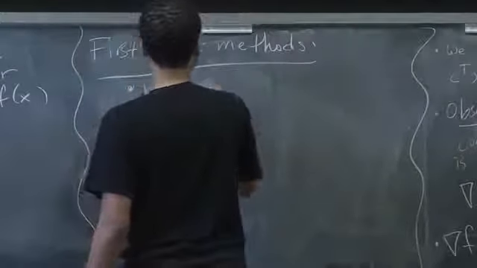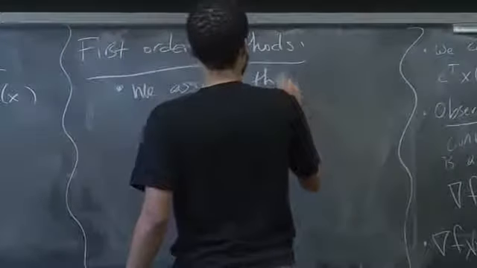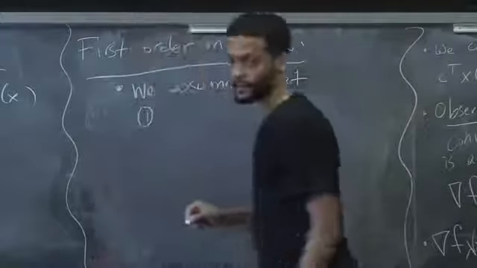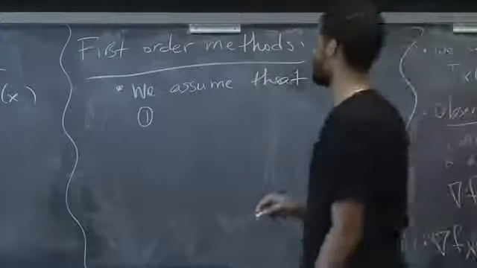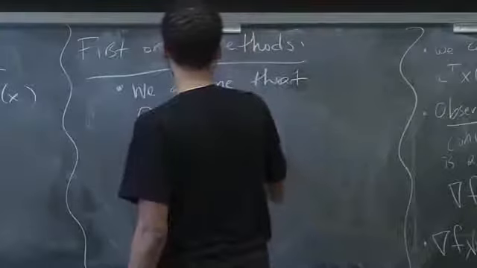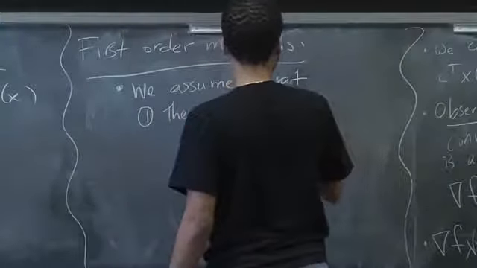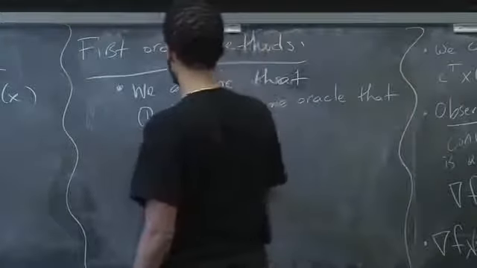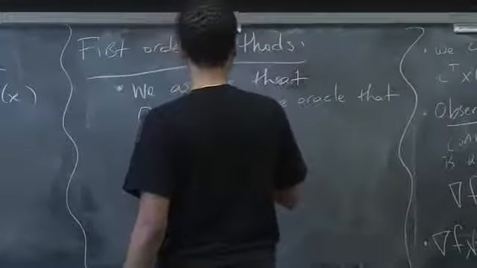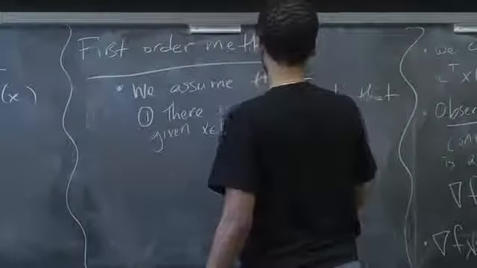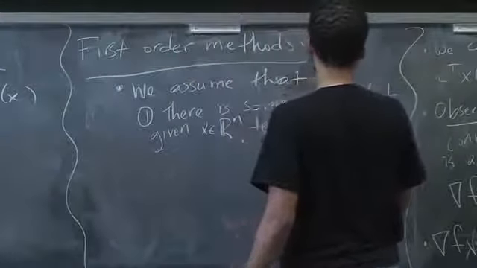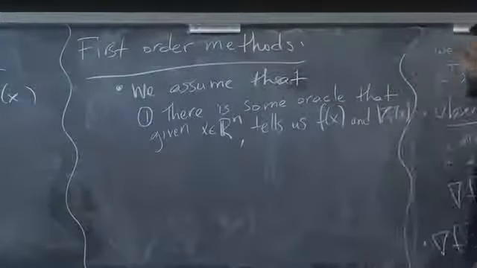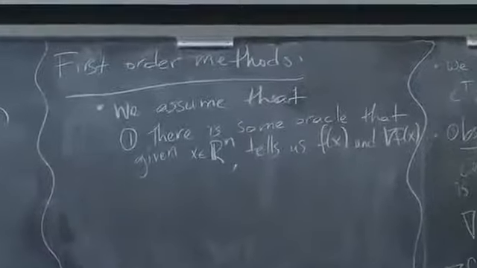We assume, first of all, one, there is some oracle that, given an x in Rn, tells us f of x and the gradient of f at x. Okay?